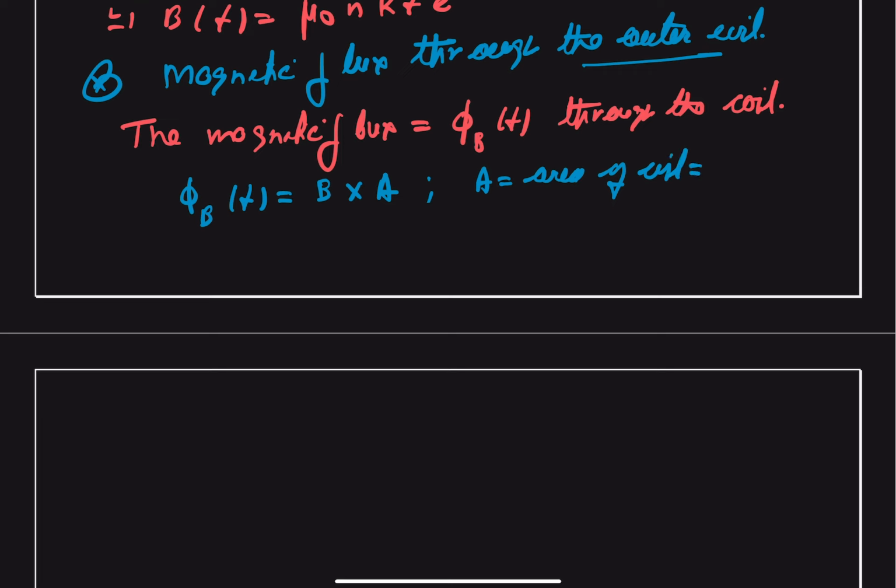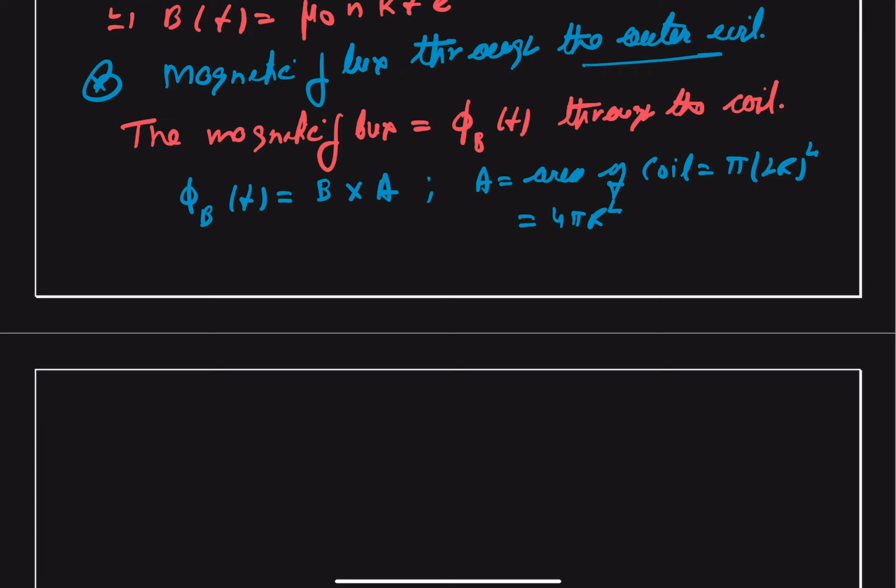And we already know its radius is given as 2r. So its area, pi r squared, becomes 4 pi r squared.